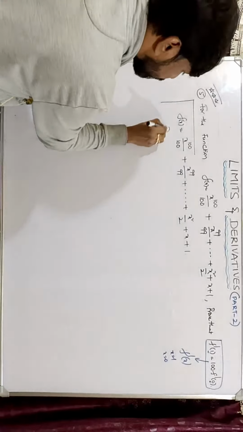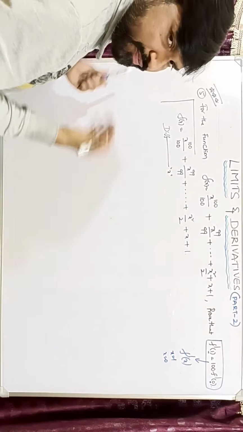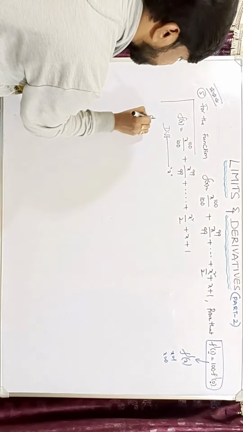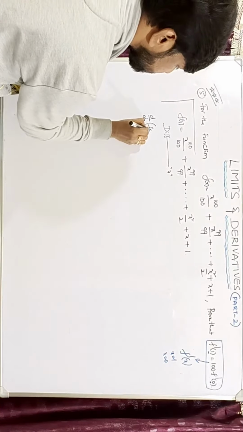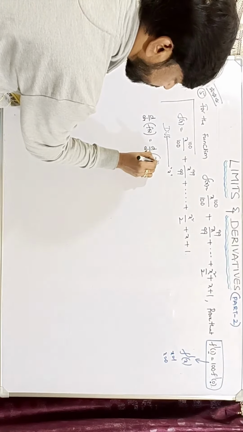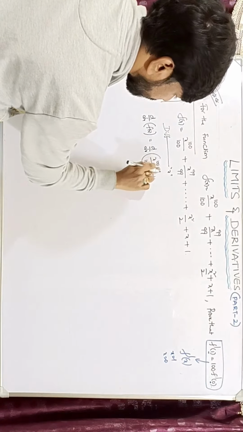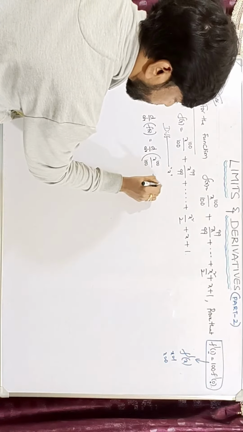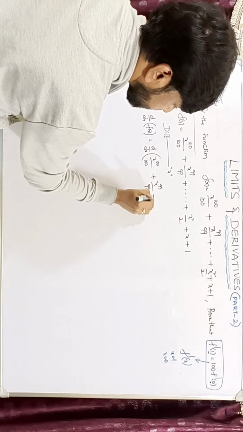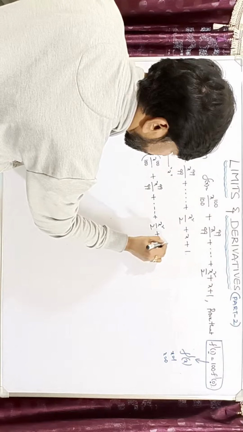So let us go with f dash of x first. To find f dash of x, you just need to differentiate with respect to x. Differentiation means applying d by dx to both sides. d by dx of f of x is equal to d by dx of x power 100 by 100 plus x power 99 by 99 plus so on plus x square by 2 plus x plus 1.